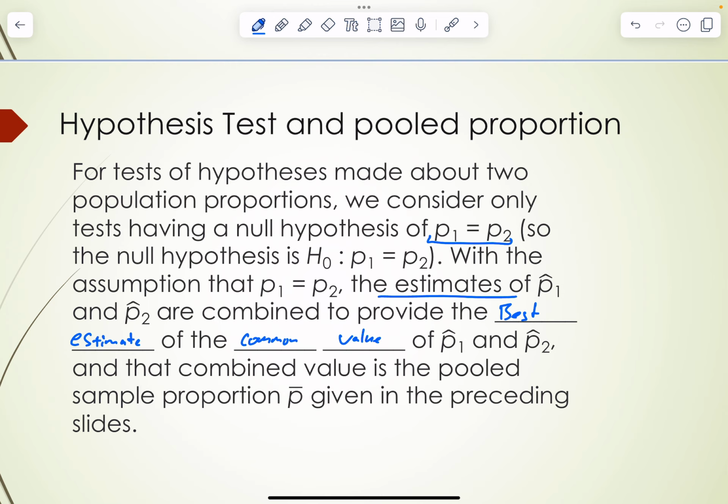So that's the best way you can estimate that common value, assuming that they're the same, assuming the null hypothesis.